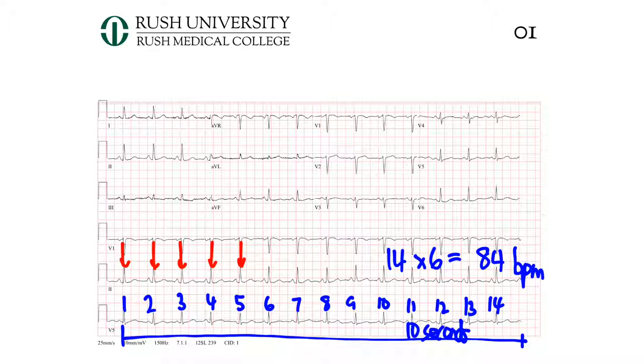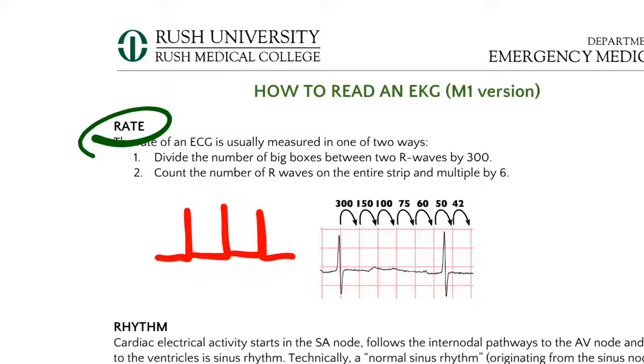That's one way to do it, but there's another way that I'm going to show you, and that is to just look at 2 neighboring beats. Here's one beat and here's another beat, and how many boxes are in between? Each one of these big boxes represents 200 milliseconds, and if you zoom in close, you see that there are 5 tiny boxes within there. Each one is about a millimeter in size, and those represent 40 milliseconds.